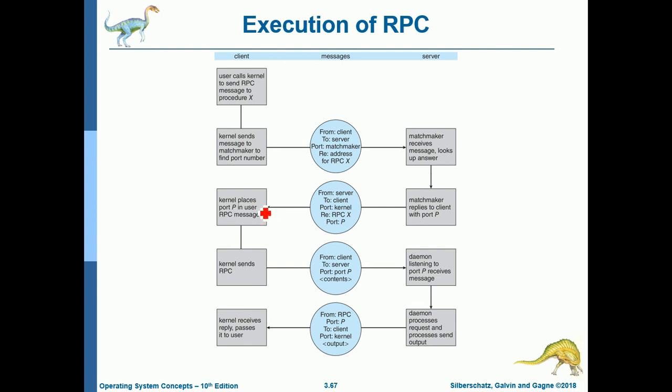The kernel places port P in the user's RPC message and sends the RPC to the server at port P. The daemon listening to port P receives the message, processes the request, and sends the output message back to the client.